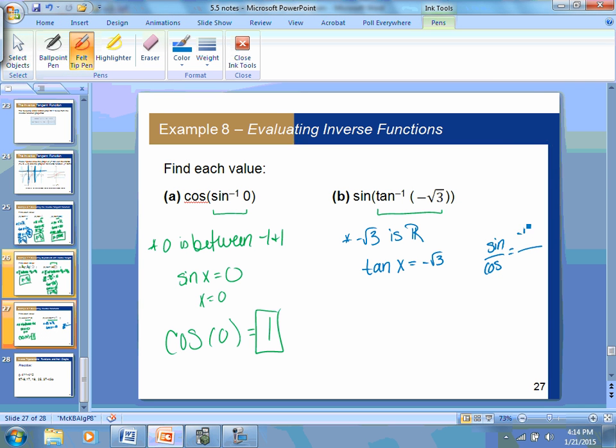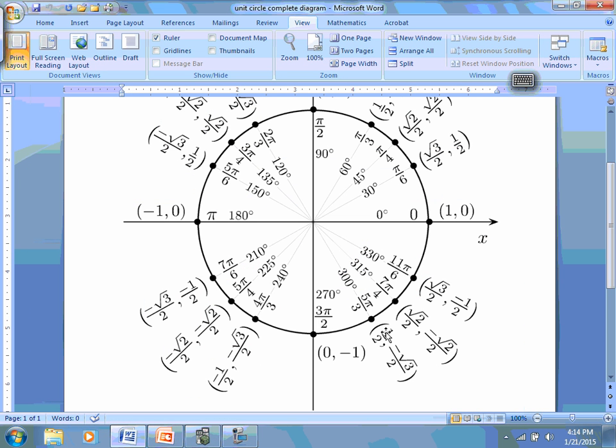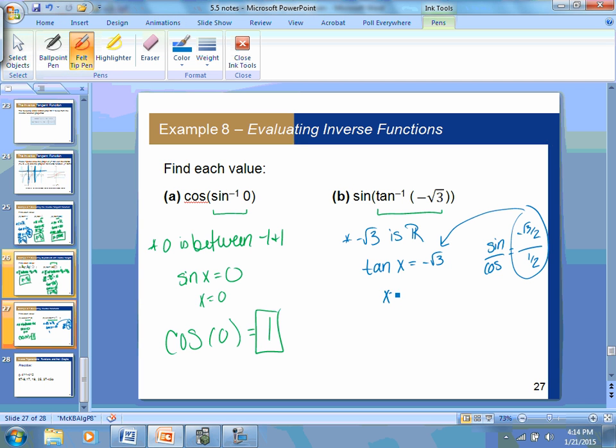I want negative square root 3 over 2 over a half. Okay, if I reduce this big fraction down, that's what gets me the negative square root 3. And now that tells me that my x value is 5 pi over 3. So x is 5 pi over 3.